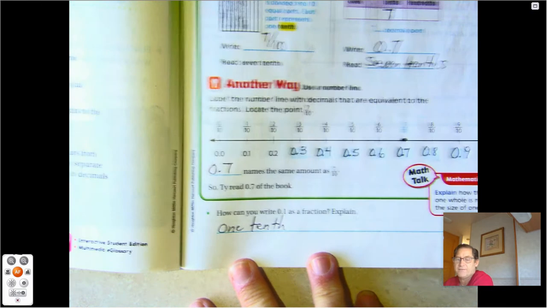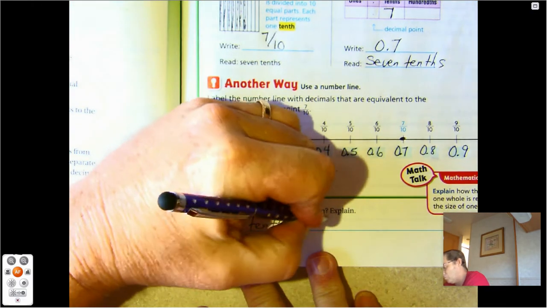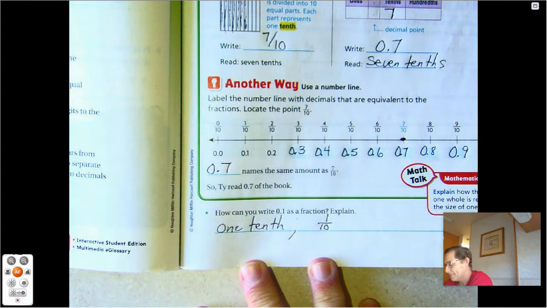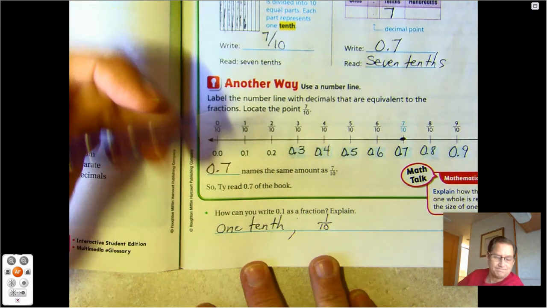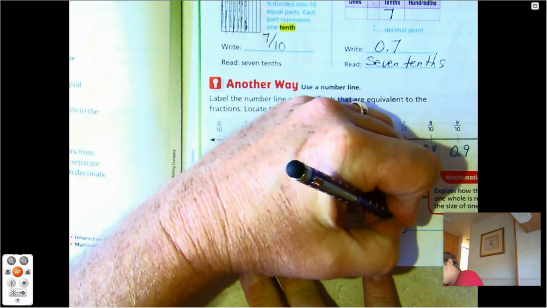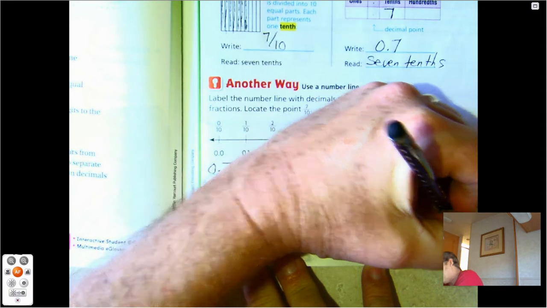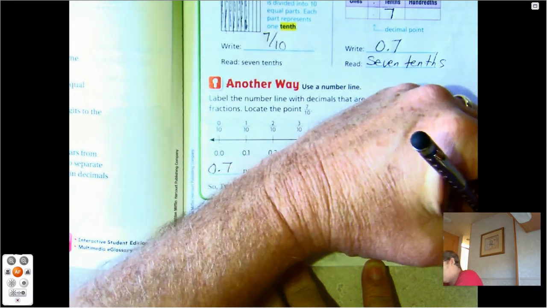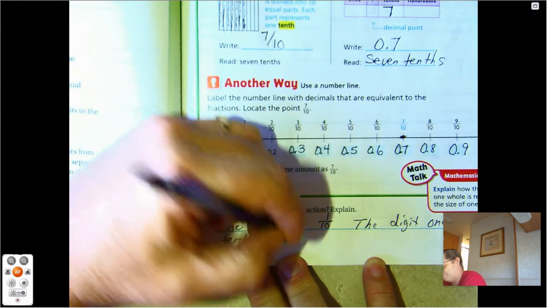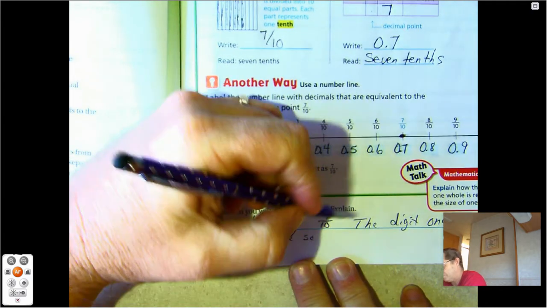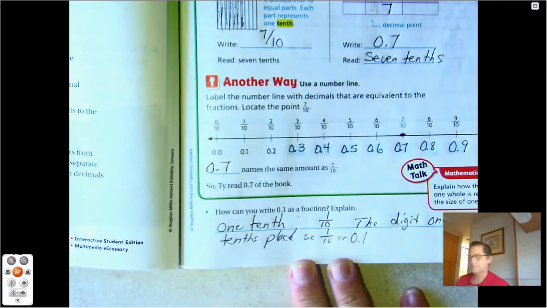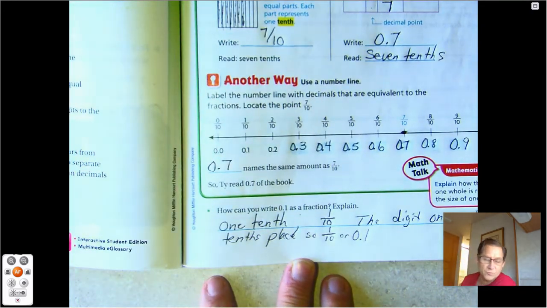So how do we write 1/10 as a fraction? Well, 1 over 10 parts. The digit 1 is in the tenths place. So 1/10 or 0.1.